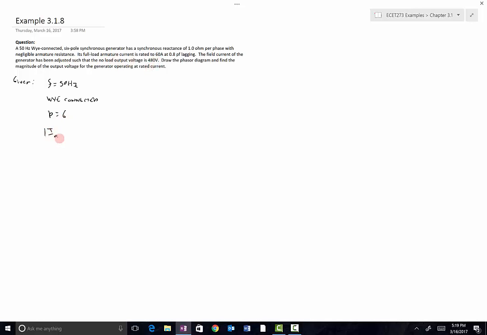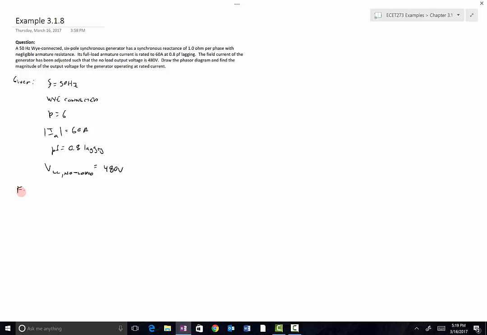The magnitude of the armature current is 60 amps. The power factor is 0.8 lagging. And V line to line under no load conditions is equal to 480 volts.